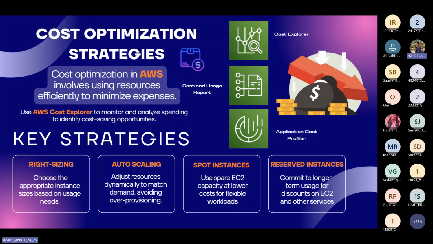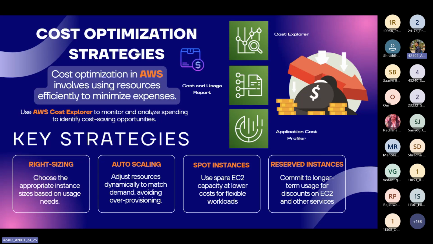Now let's talk about money, cost. सबको खर्चा कम करना है and we definitely want to save our money. So AWS provides multiple services for handling and managing the costs that are being generated on the basis of services that we are using.